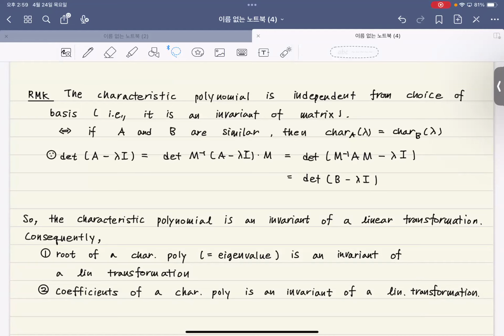Two similar matrices must share exactly the same set of eigenvalues. And since the characteristic polynomial is an invariant, every coefficient of the characteristic polynomial also must be an invariant. Isn't it too obvious?